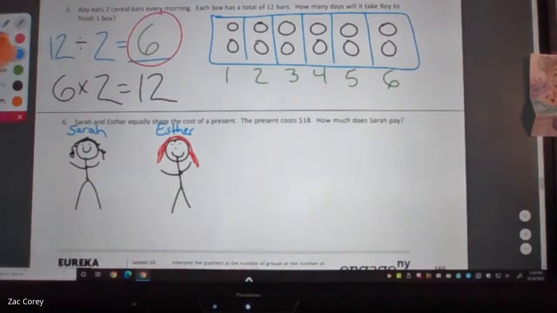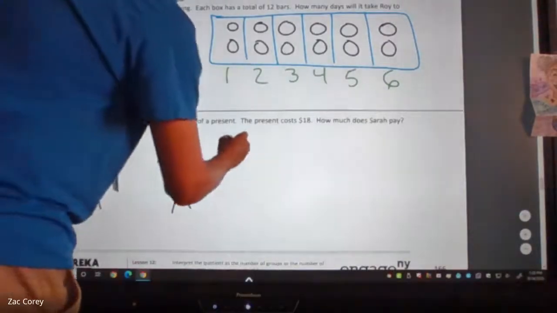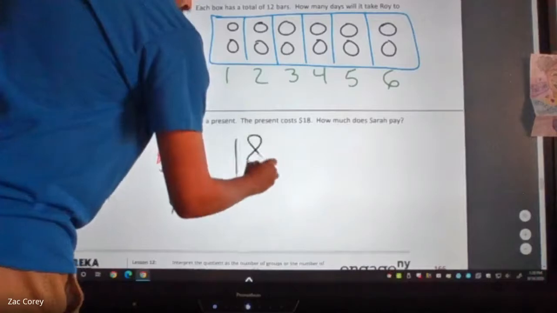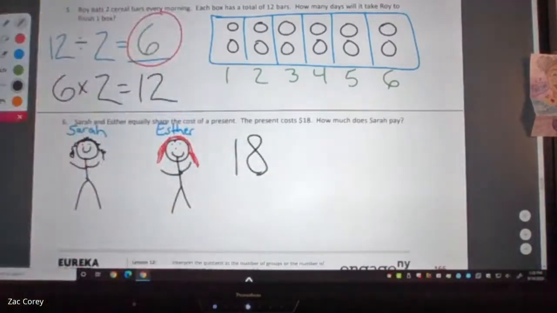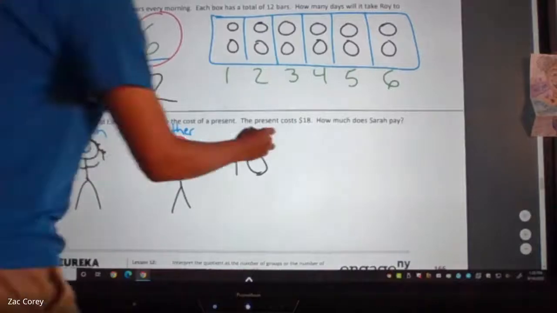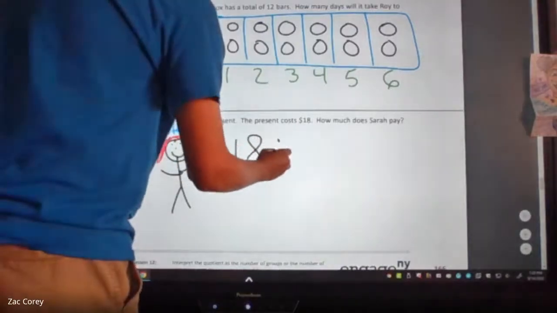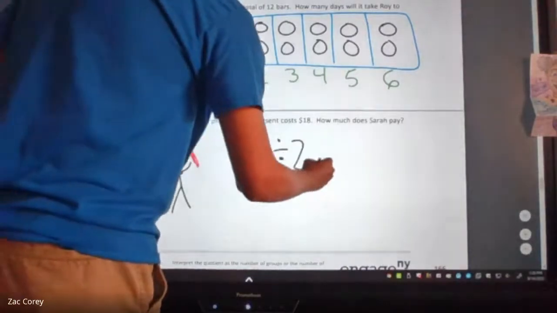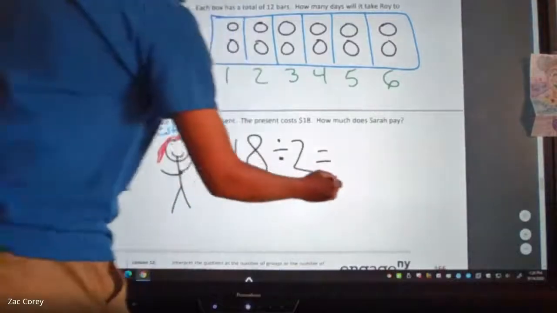All right. Well, the total amount of money that we're talking about is 18. And since we're dividing it amongst 2 girls, so we have 2 girls here, we want to divide it by 2. And that will give us the answer.